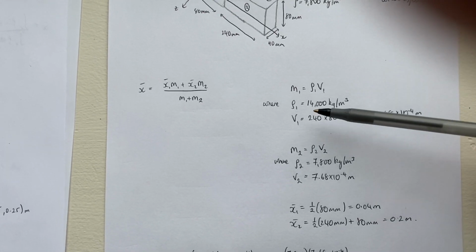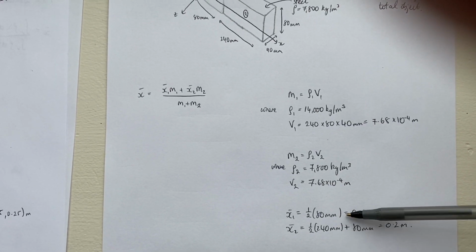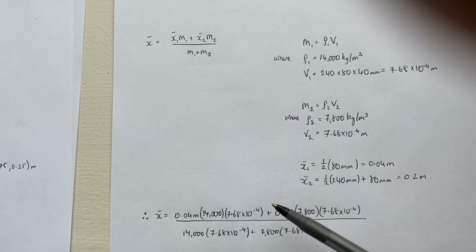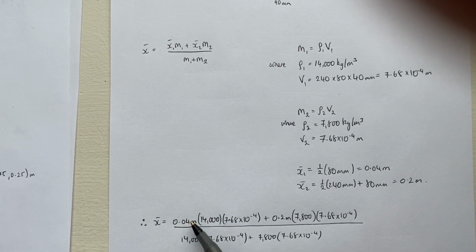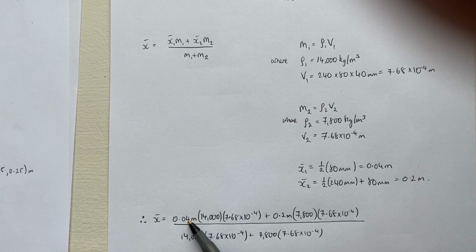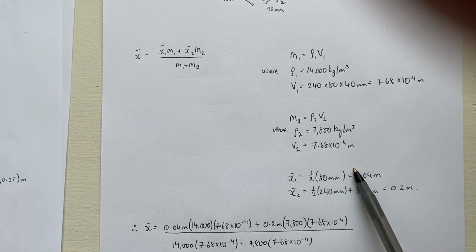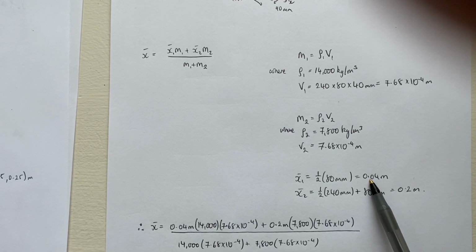So once I have all of that information, I can go ahead and plug it straight into this equation, which is what I've done here. The x-coordinate of the center of mass of the first bit I worked out to be 0.04 meters.